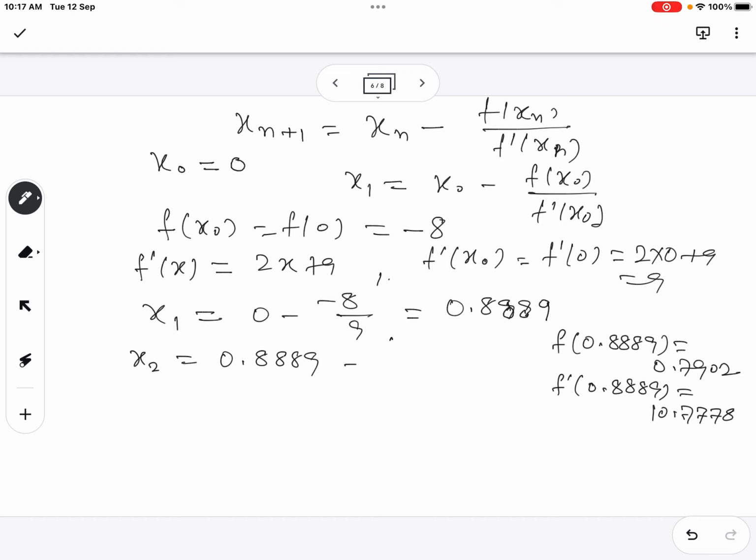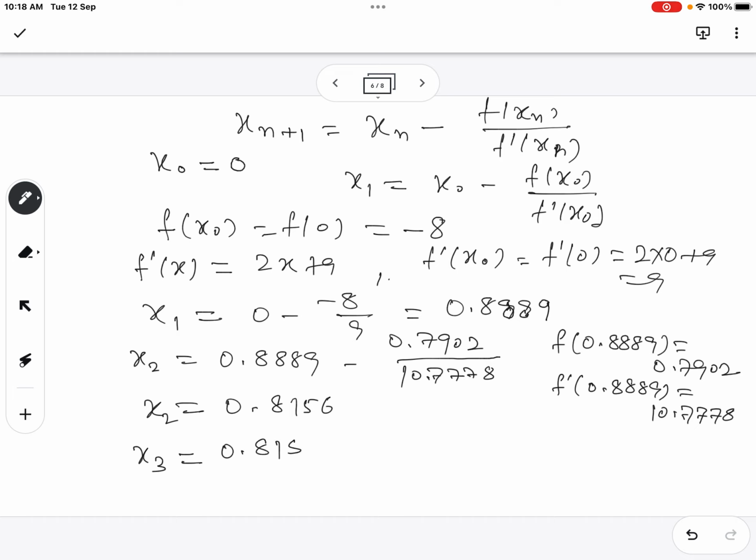So if I substitute this, 0.7902 divided by 10.7778, I find the next approximation to be 0.8156. Now if I calculate the same way, the third approximation will be 0.8151. What do we see over here?